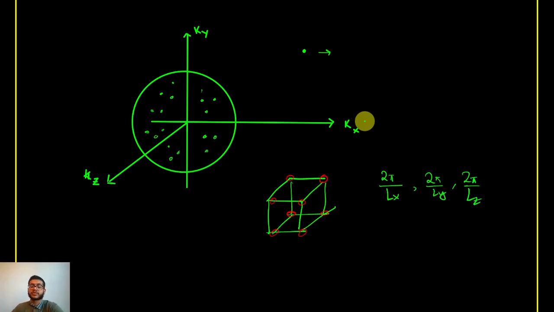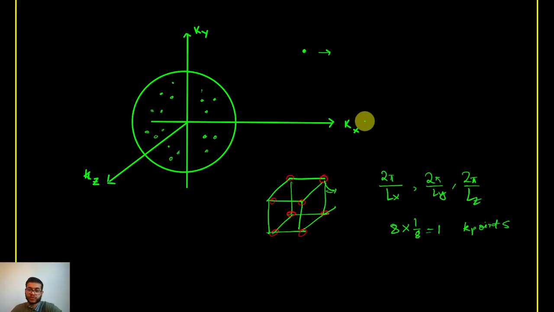So how many k points are there? There are 8 into 1 by 8 equals 1 k point, because there are 8 red dots, but each red dot is shared between 8 such unit cells.